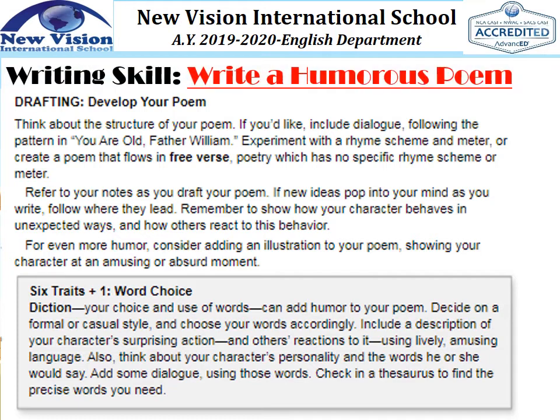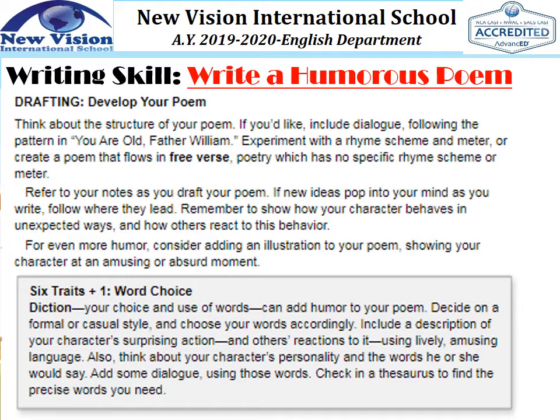Now, students, after completing your pre-writing activity on page 256, I think you are ready to draft your poem in an A4 paper. Here is how it goes. Think about the structure of your poem. If you'd like, include dialogue following the pattern in You Are Old, Father William, our selection for this week, okay?